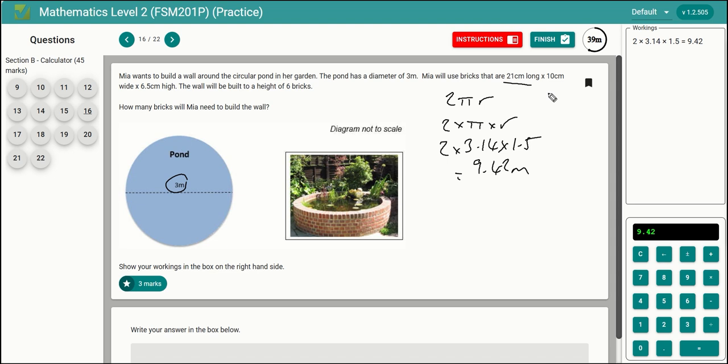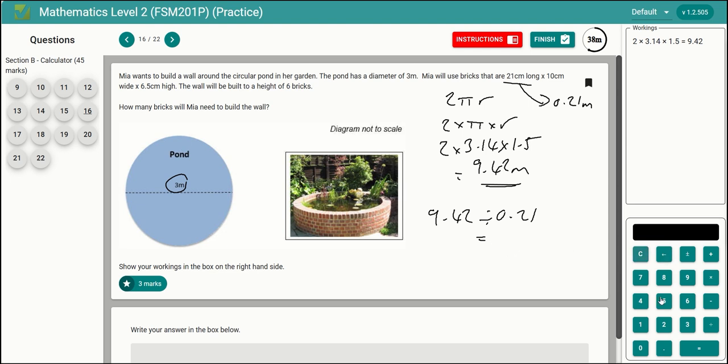The width and the height is kind of irrelevant really. So since this is in meters, I'm going to convert the centimeters into meters as well. So 21 centimeters, divide that by 100. So 21 centimeters is 0.21 meters. So how many 0.21 meters makes 9.42? So the calculation is 9.42 divided by 0.21.